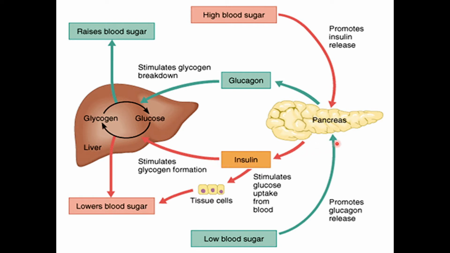When the blood glucose level is too high, the pancreas will release insulin. Insulin will send the signals to the liver, to the tissue cell such as muscle cell, fat cell, so they will take up glucose from the blood. So this will lower the blood glucose level back to normal.